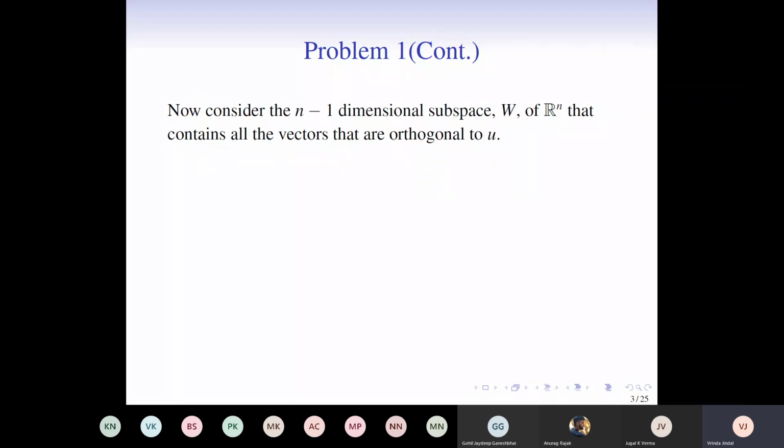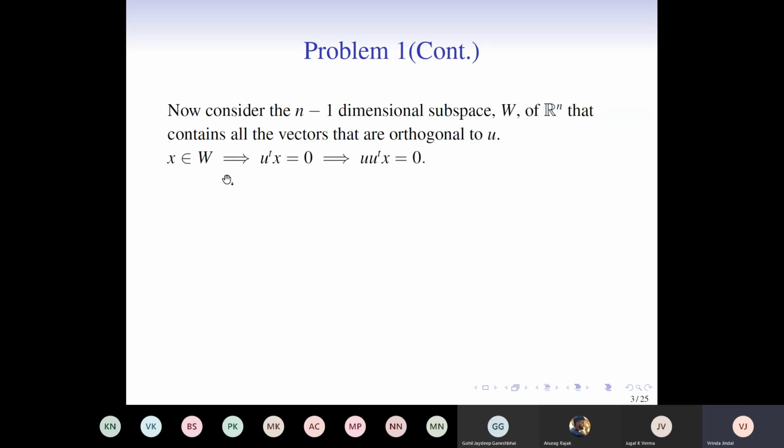So those n minus 1 vectors that we get apart from U in the basis of Rn will form a subspace of Rn whose dimension will be n minus 1, and any vector in that subspace will be orthogonal to U because any vector in that subspace could be written as a linear combination of those n minus 1 vectors, and all of those vectors are orthogonal to U because we had constructed an orthonormal basis. So that n minus 1 dimensional subspace that we get in such a way, we are calling it W.